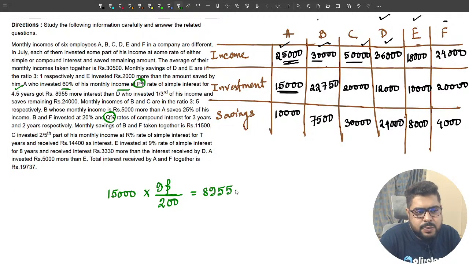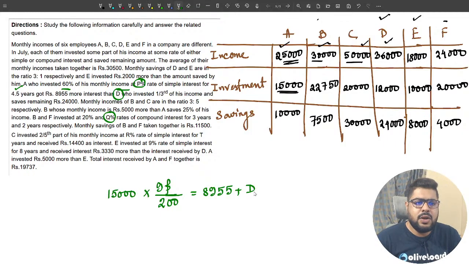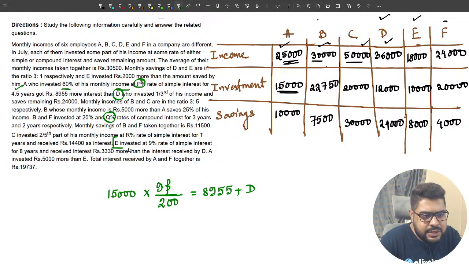This is 8955 rupees more than D. So this is D, sir. Okay. अच्छा, D और A का कुछ है P related से D. अच्छा sir, D का कुछ है sir with E. E invested 9% for 8 years.